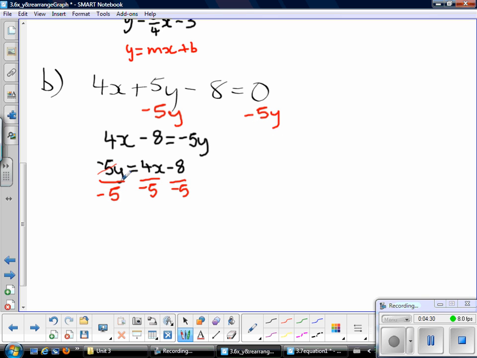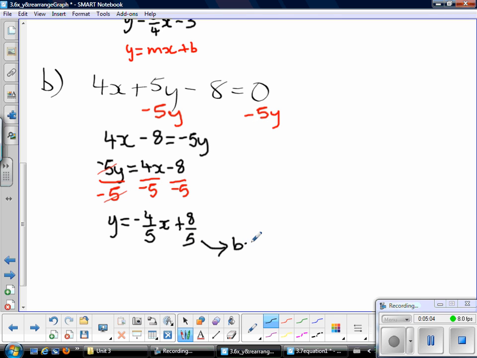So they're gone, and what we're left with is our y equals, we're going to leave this as negative 4/5, and it doesn't matter where you put the negative, but remember there's only one of them, and I often like putting it closer to the top so I don't forget it. Again, I have two negatives, that's going to be a positive 8/5.